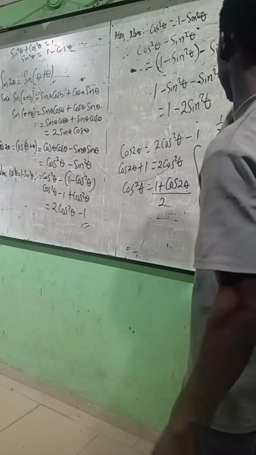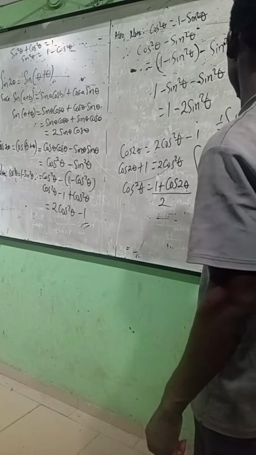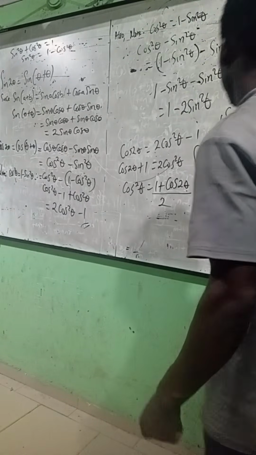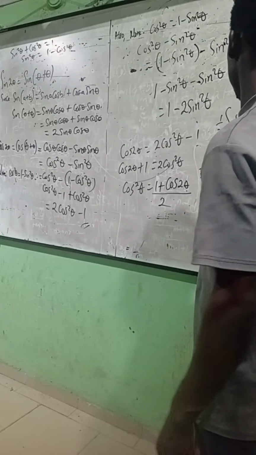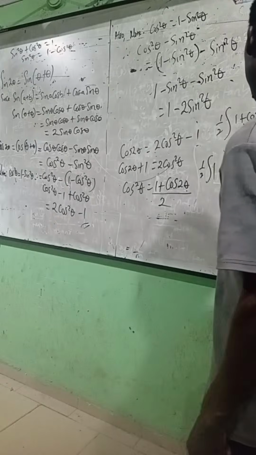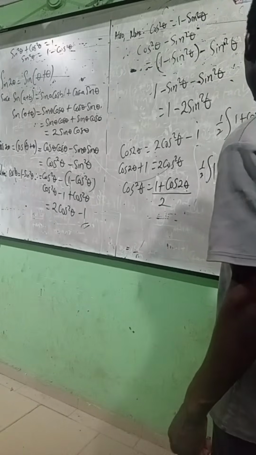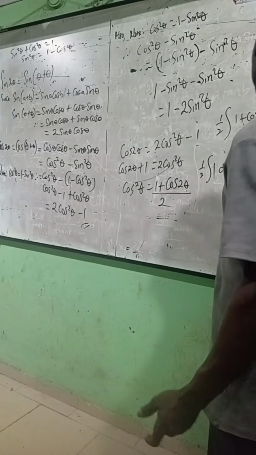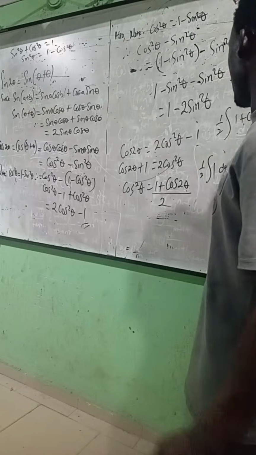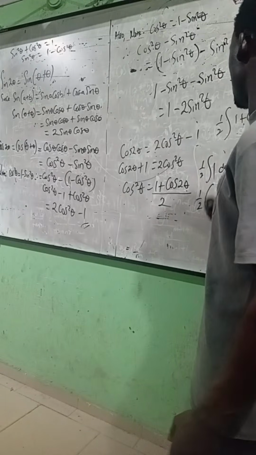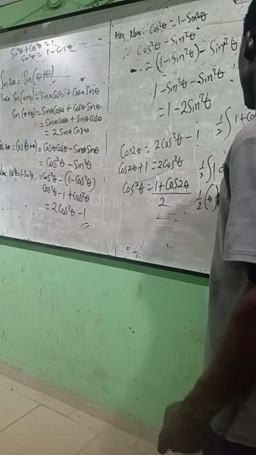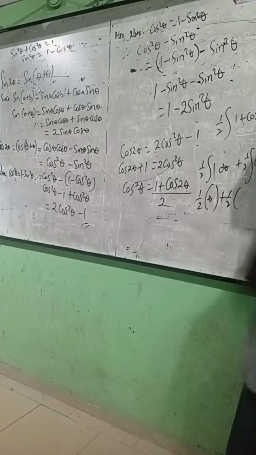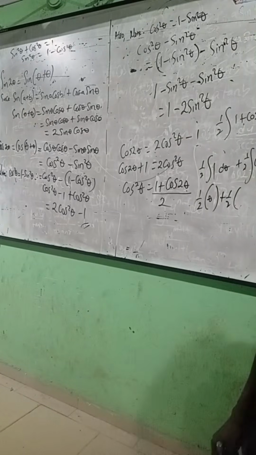I will have 1 over 2 integral of 1 plus cos 2 theta, which gives me 1 over 2 integral of 1 d theta plus 1 over 2 integral of cos 2 theta d theta. If I integrate 1 with respect to theta, I get 1 over 2 into theta plus c. Let me leave plus c first. Plus 1 over 2 into what? If I integrate cos 2 theta, what do I get?